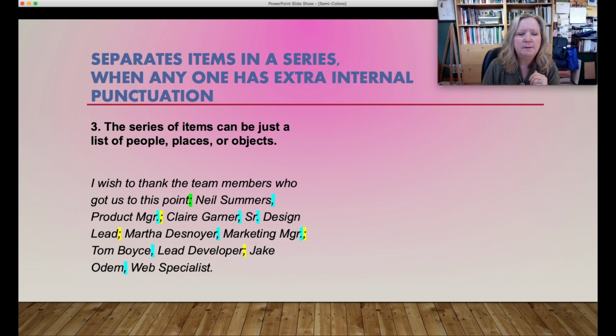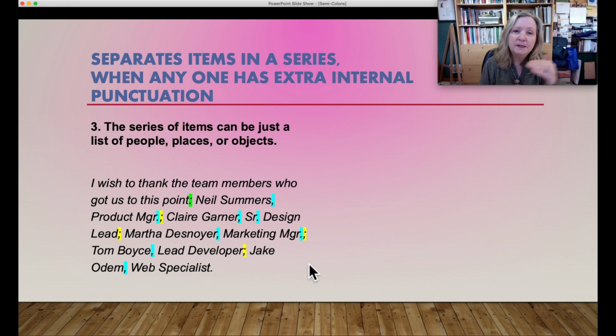I wish to thank the team members who got us to this point: Neil Summers, product manager; Claire Garner, senior design lead; Martha Denoyer, marketing manager. You can see that we've got periods and commas in the middle. For each one of these series, we're abbreviating the titles and so on, and so you're going to use a semicolon in between all of those.